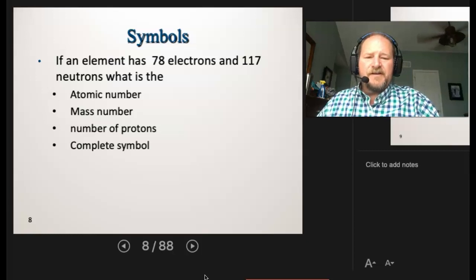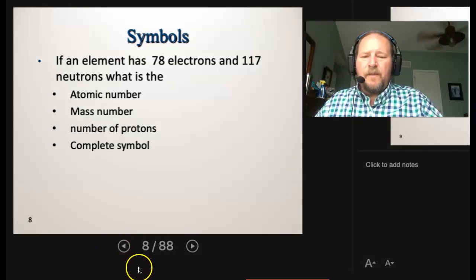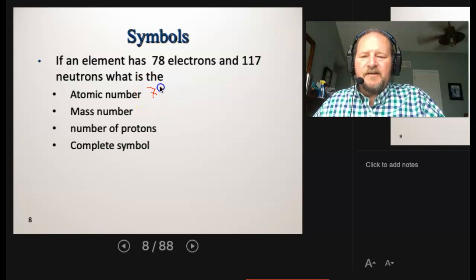I'll give you a few minutes here, so I'm going to pause. This time we have 78 electrons. We're going to say that's equal to protons, which is going to be your atomic number.